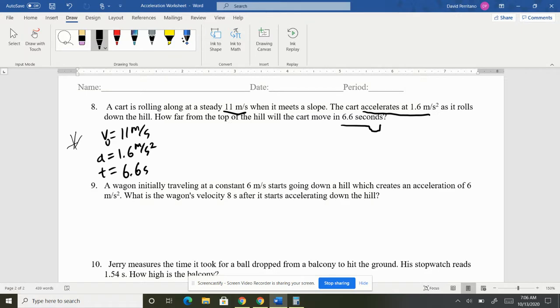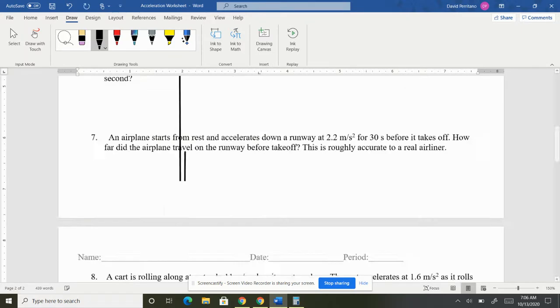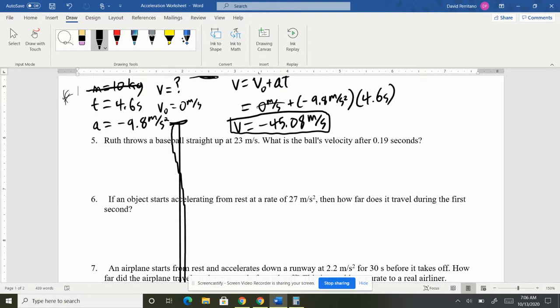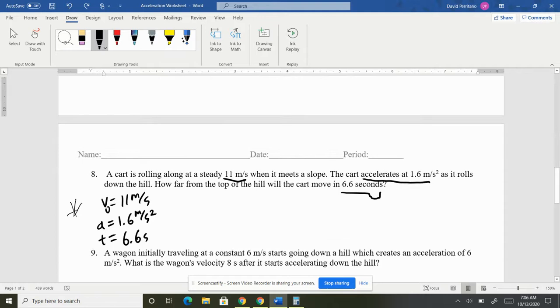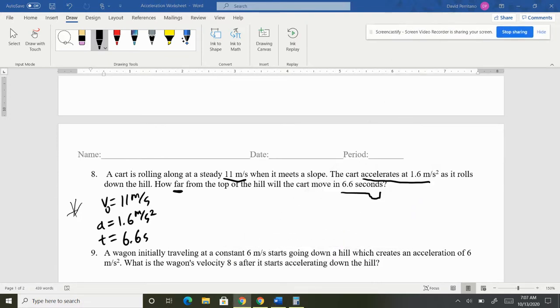That's all it's really been given, and it's asking how far. Oh, that's bad. I'm being asked how far. Okay? How far? That's not a velocity. That's not a time or acceleration. That is a distance.